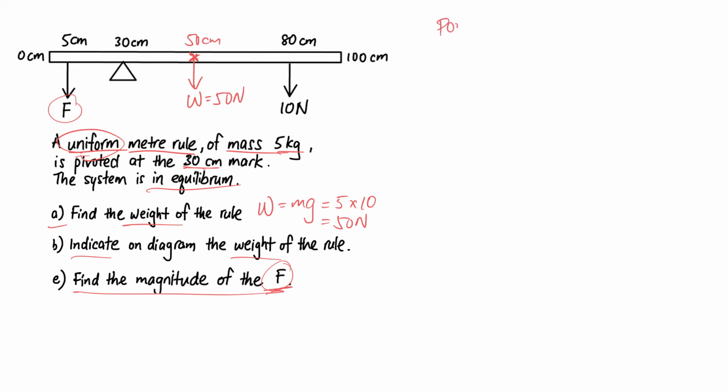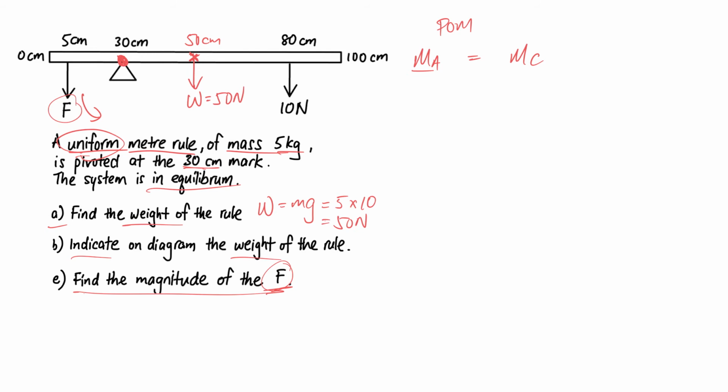So applying principle of moment, the anti-clockwise moment is equal to the sum of the clockwise moment. So for anti-clockwise moment, I hope now you are able to identify F is creating an anti-clockwise moment about the pivot point, and your W is creating a clockwise moment. Likewise your 10 Newton is creating a clockwise moment.